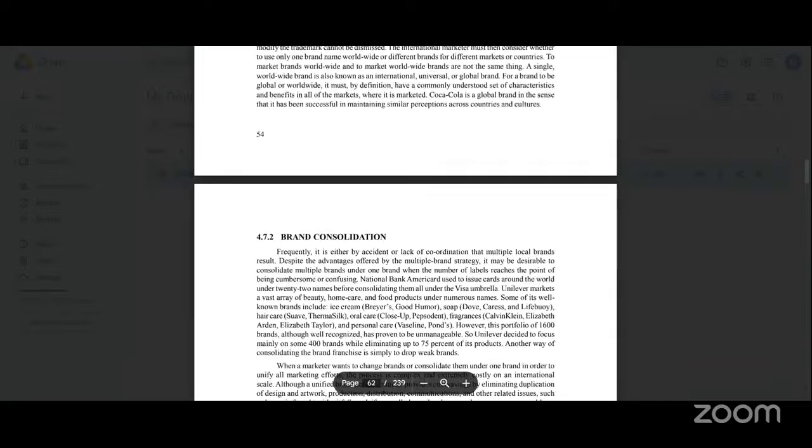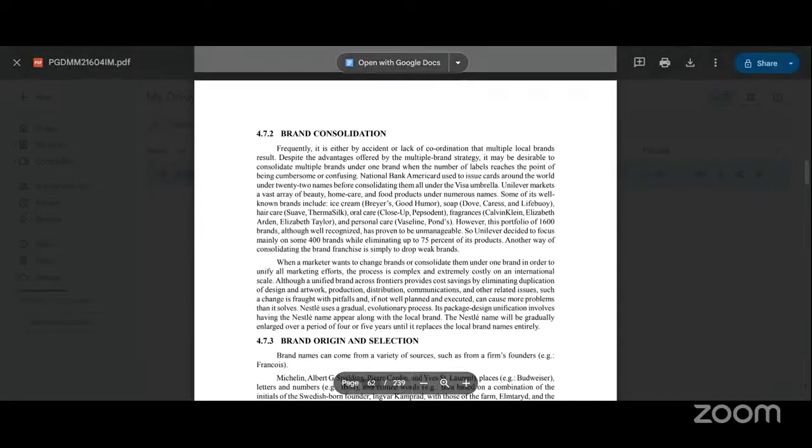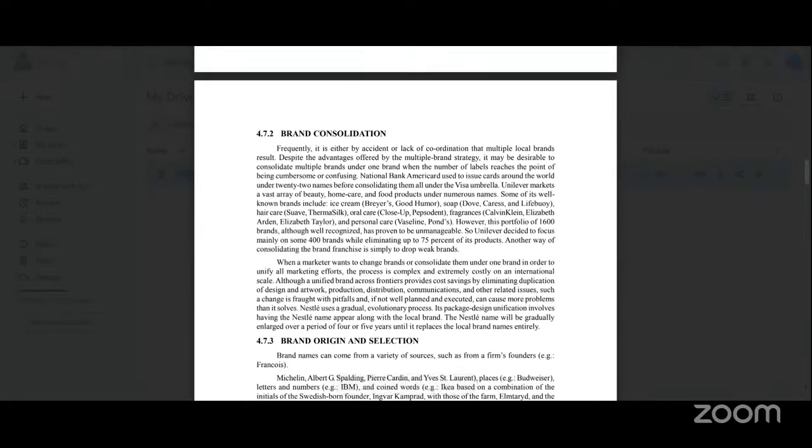So, we'll move to the next topic, that is brand consolidation. Frequently it is either by accident or a lack of awareness, where despite the advantages being offered by the almighty brand strategy, which spans across multiple factors, it may be desirable to actually consolidate multiple brands under one brand.